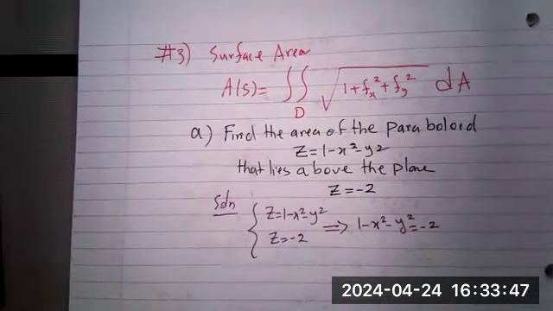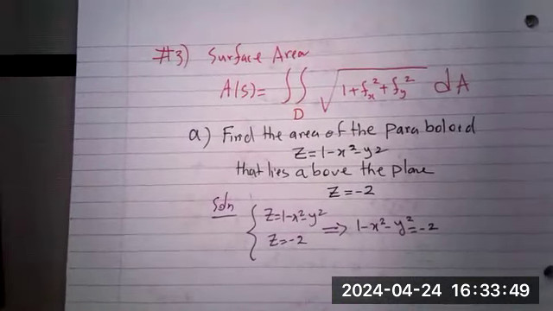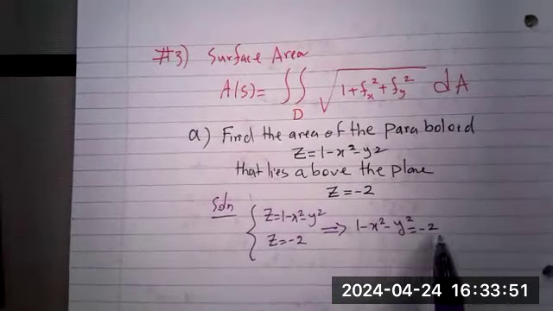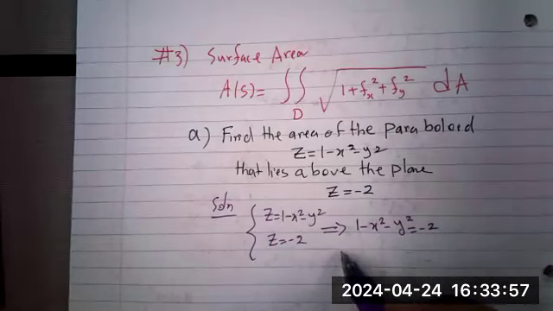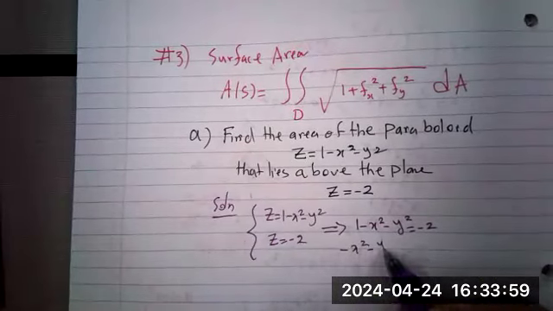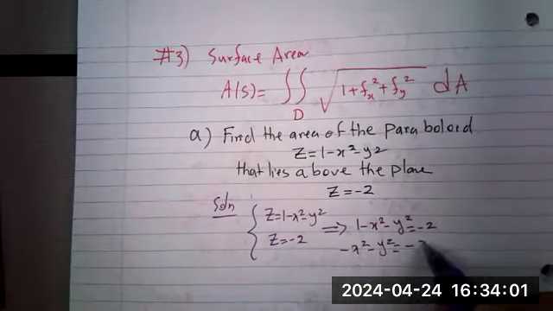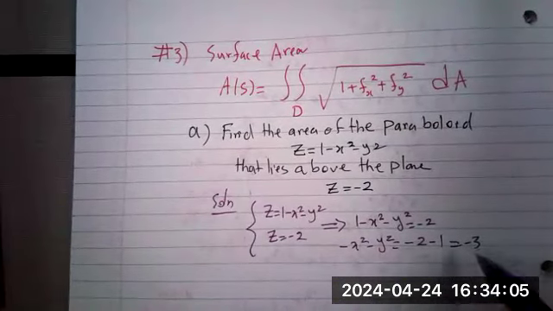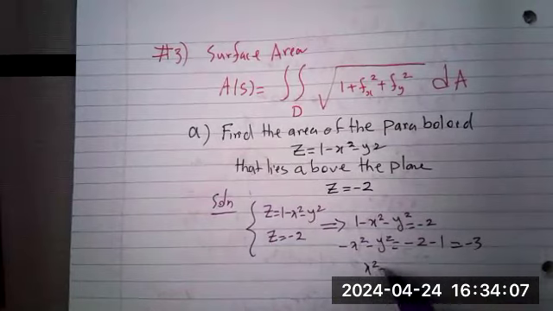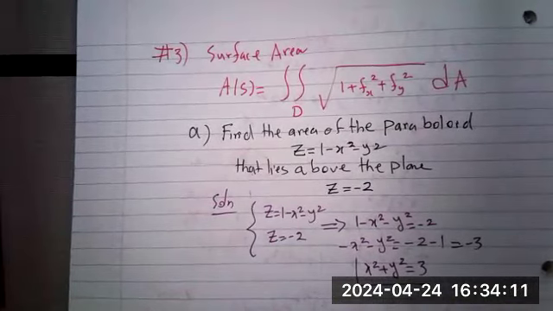You simplify it a little to see what type of region you have. You can move the 1 to the other side, which gives -x squared minus y squared equals -2 minus 1, which is -3. And you multiply everything by a negative sign to get what you need.